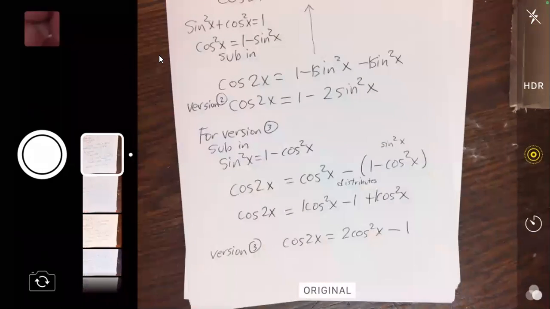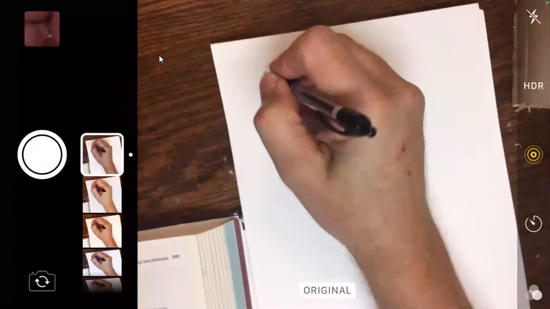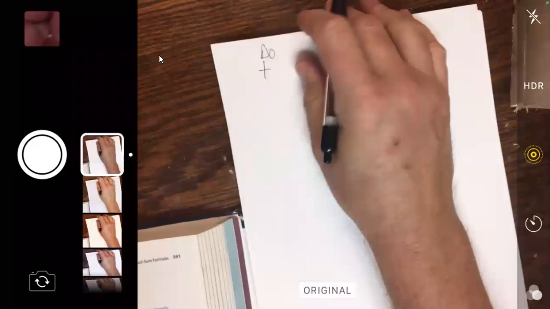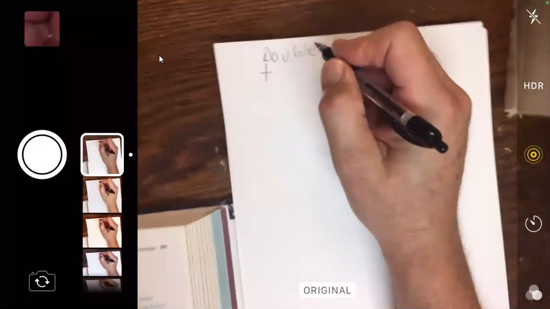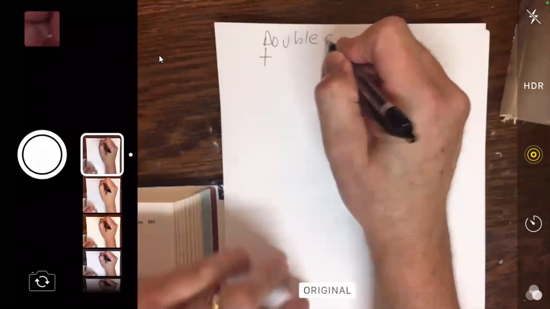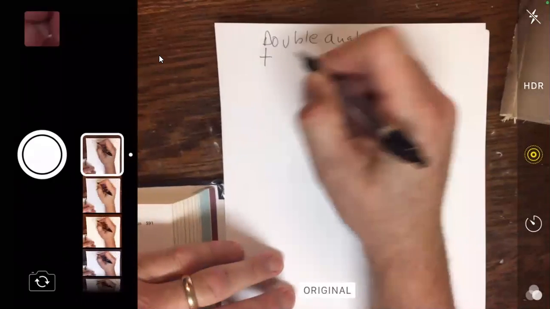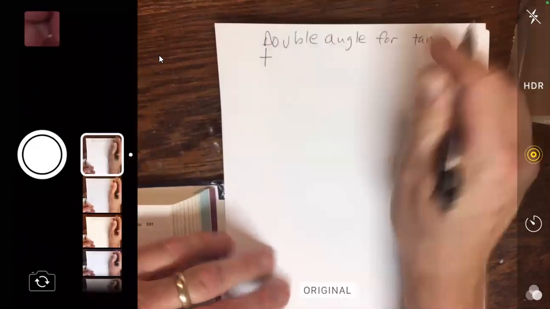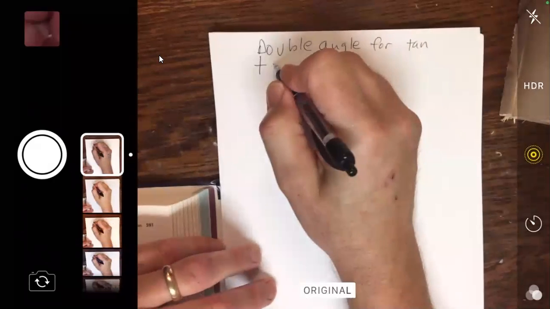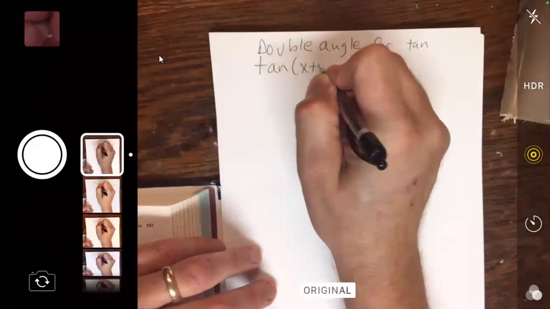And just for completeness, I'll show you the tangent double angle formula. Tangent of x plus y.